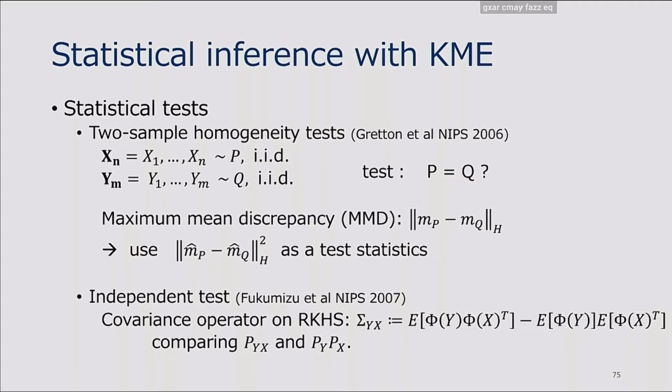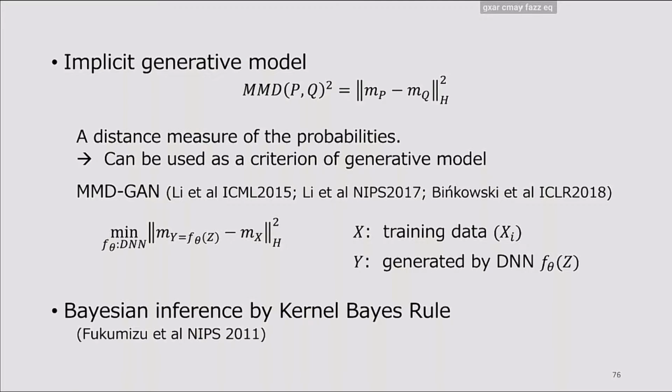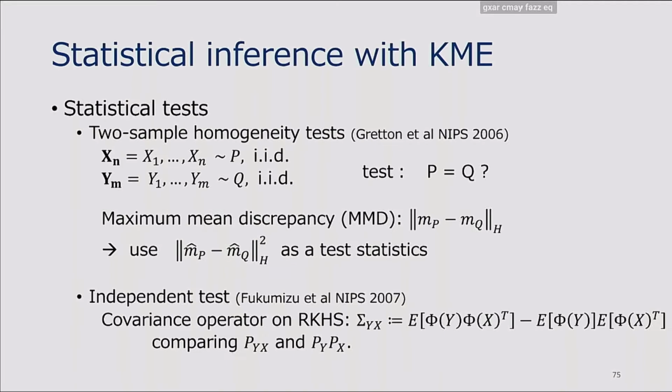And we can, for example, apply this idea to, not this one, sorry. Yeah, 2 sample tests, which concerns the test of whether or not 2 underlying distributions are same or different.